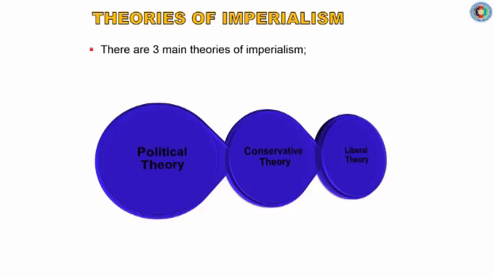What is political theory? Political theory is about the process by which nations try to achieve a better economic status. It is also a manifestation of a balance of power. Conservative theory focuses on the preservation of the existing social order in the developed countries.